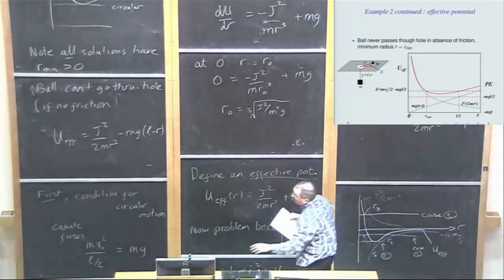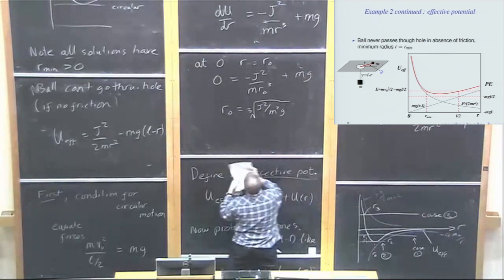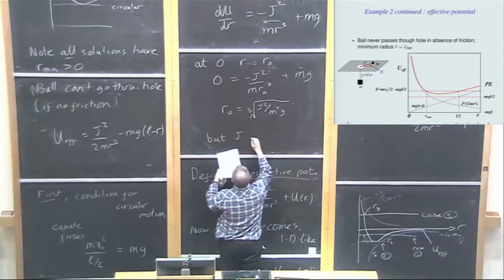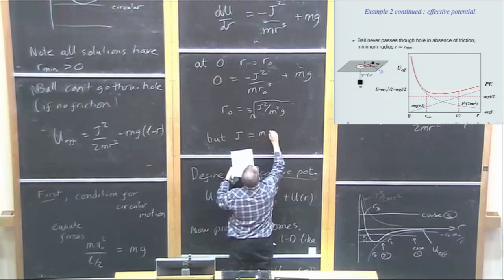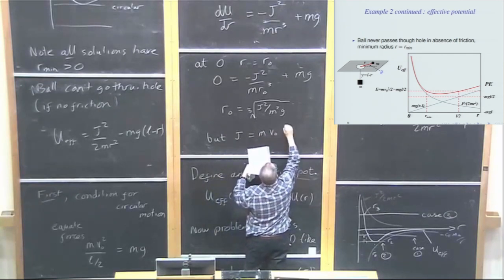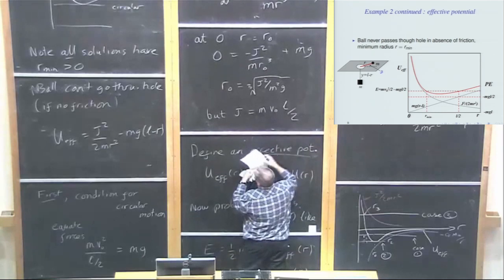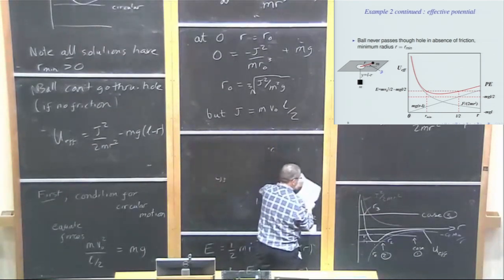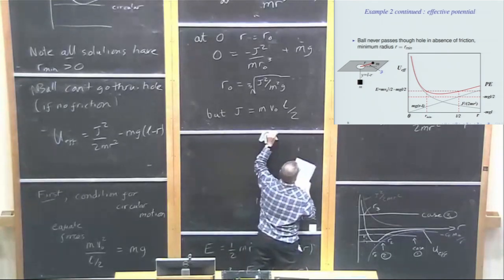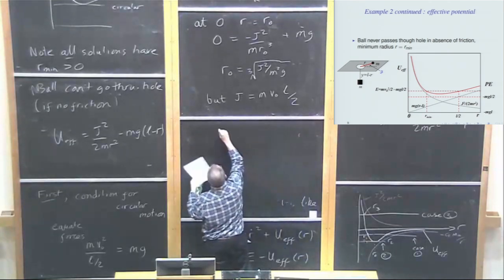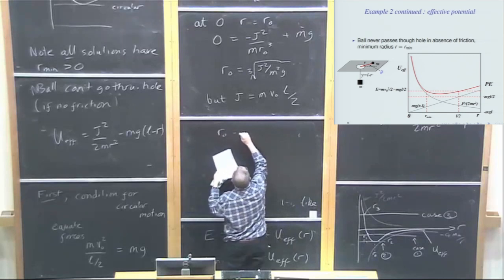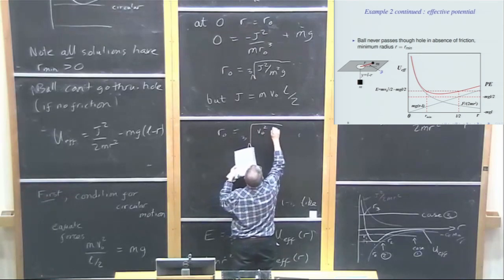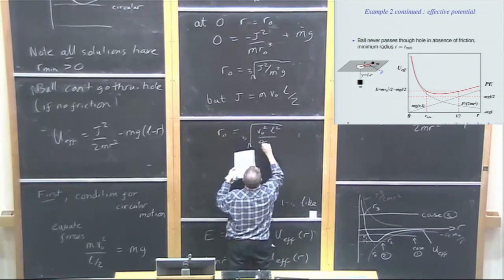But we know what J is, because we know that J is m V naught L over 2, because we start with a string length of L over 2 on top of the tabletop. And so R0 is equal to the cube root of V naught squared L squared over 4g.